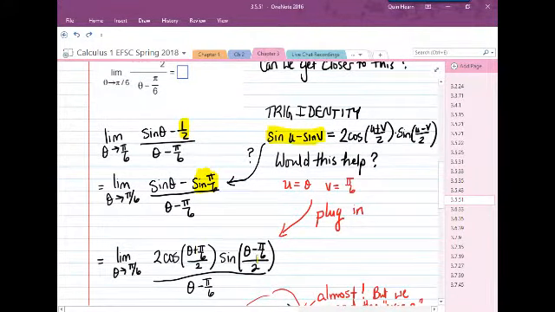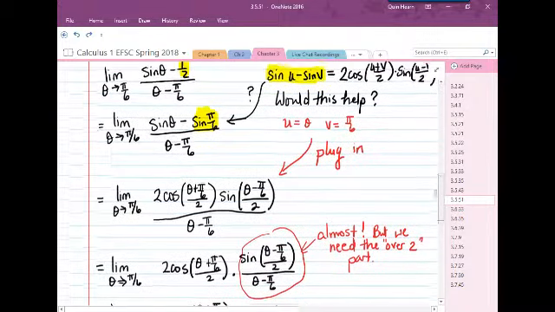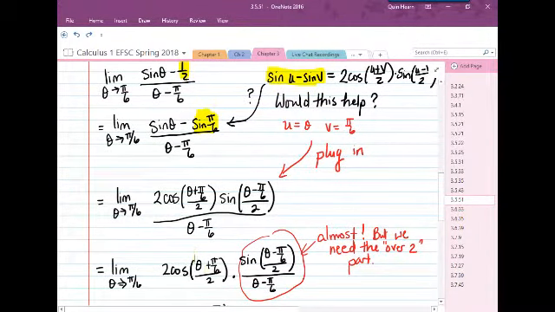I have a cosine and a sine, but I thought, hey, I could separate this and have 2 cosine of that argument times just the sine over the theta minus pi over 6. And this would be very close.